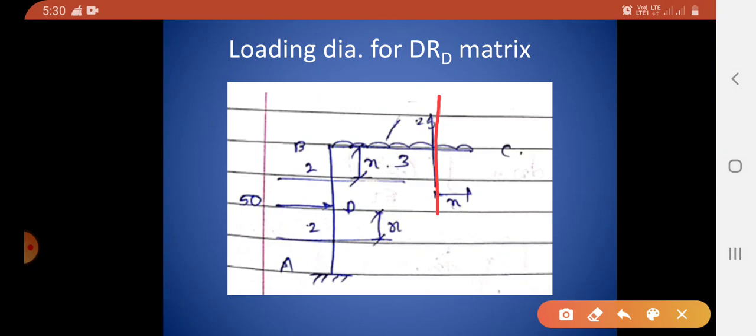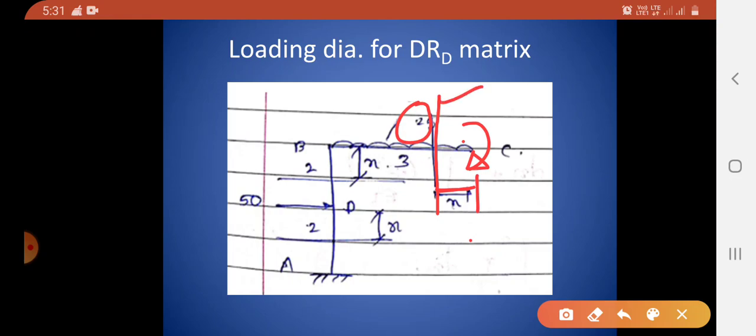As you can see, only the UDL is acting on the right hand side of the section. So this UDL is causing a clockwise moment to the right side of the section. Therefore, clockwise moment to the right of the section is hogging, which is minus. What will be the magnitude of this moment? W into x into x by 2, that is W x square by 2.